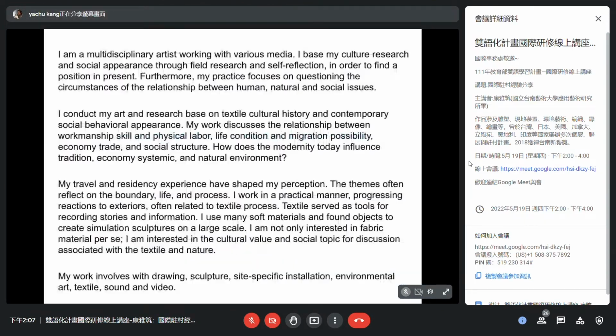So in case everyone doesn't know me, I'm going to read this for the beginning. I'm a multidisciplinary artist working with various media. I base my cultural research and social appearance on field research and self-reflection in order to find a position in the present. Furthermore, my practice focuses on questioning the relationship between human nature and social issues.